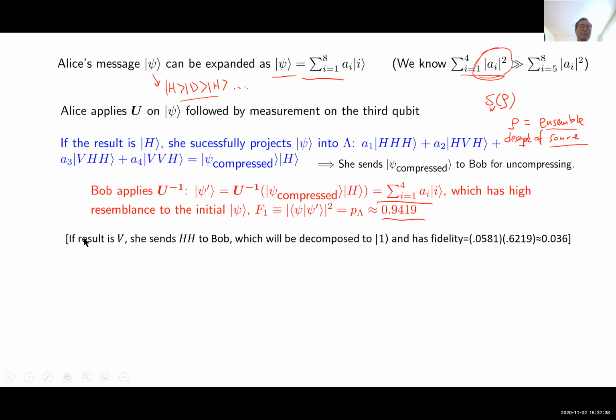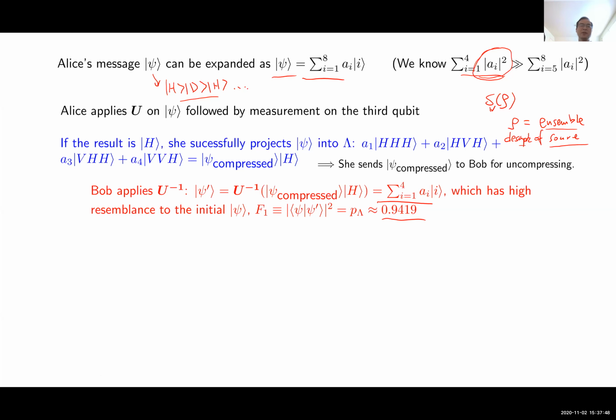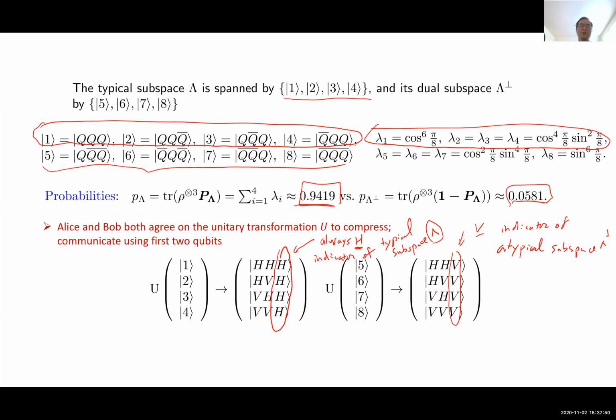But if the result is V, she fails to project her state into the typical subspace. So the best thing she can do is to send the HH, because HH appended with this H, when you invert that, you get state 1.